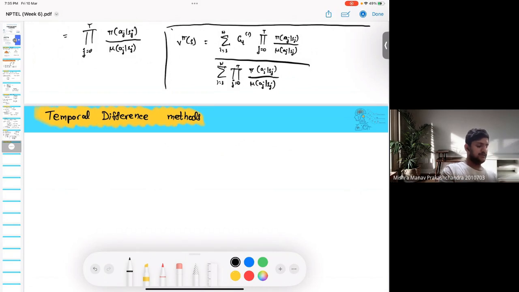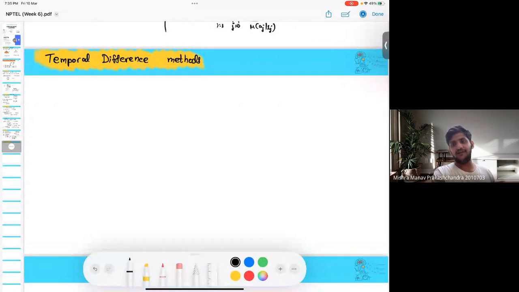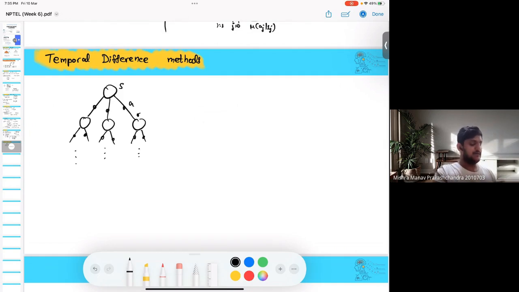Now, if you look at the two approaches that we have seen today, one is the dynamic programming approach and one is the Monte Carlo approach, I'll again draw this diagram. This corresponds to action A and the reward R, and this happens till I reach some terminal state. So this is the dynamic programming part.